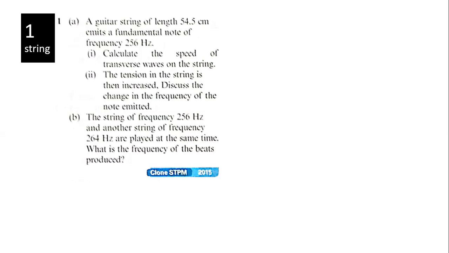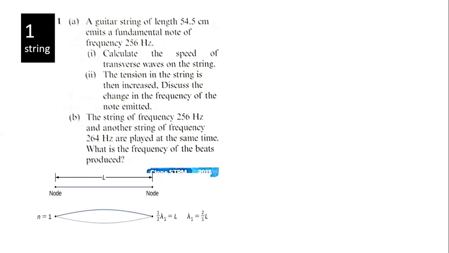Okay. How to find the wavelength? In your mind, fundamental mode is just that one loop. And then the node is half lambda equals L. So lambda equals 2L.